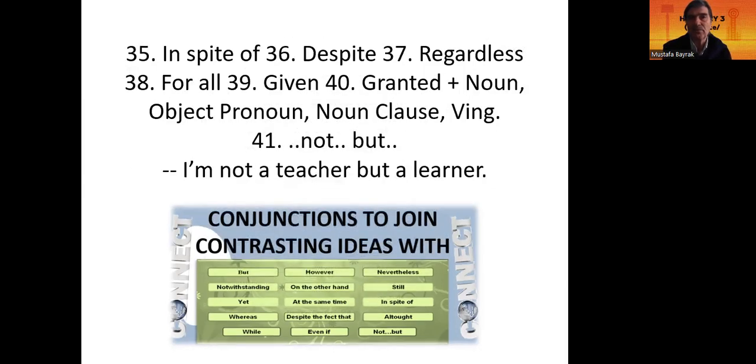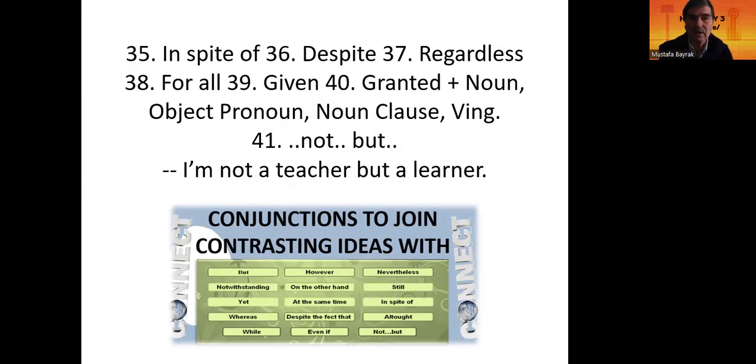In spite of, despite, alone, regardless, for all, given, granted, plus a noun, object pronoun, or noun clause, or verb ing. Not but, the 41st. The 41st one is not but.